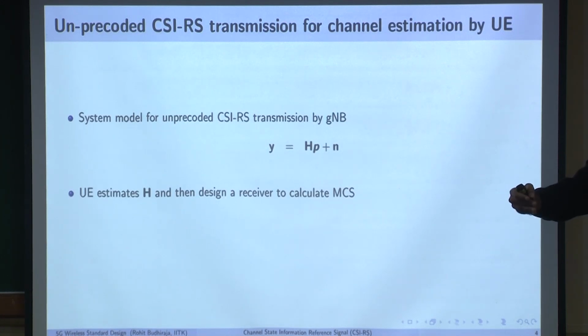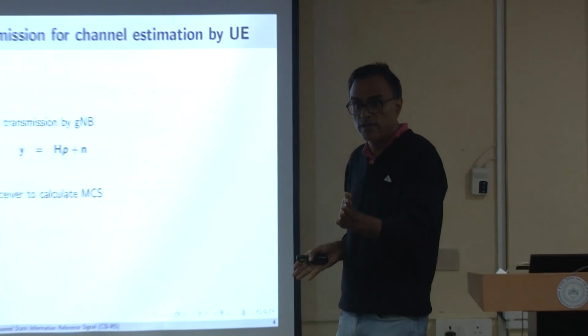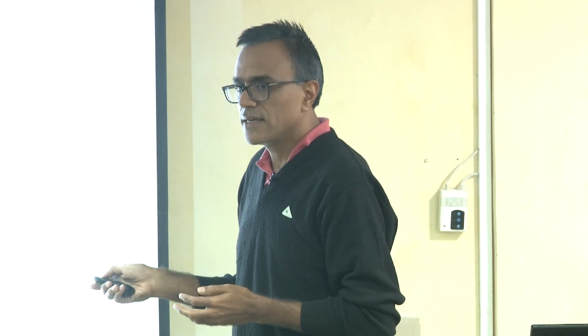That's why TDD is actually preferred, so that you can reduce this overhead. Now you can understand that an unprecoded channel has a high CSI-RS overhead for its estimation when compared with a precoded channel. And typically, according to theory, it is required only for FDD.